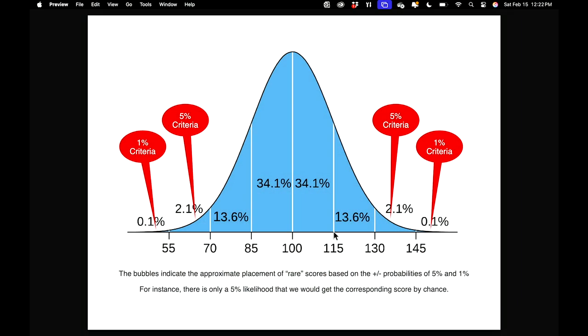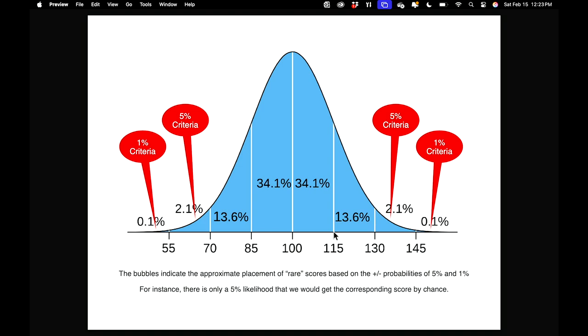and I want to have evidence that my sample is different than all the other samples that I could have had. That sample has to be so different that my mean on my sample lies beyond these points here, either the 5% criteria or the 1% criteria. 5% is easier to get to.